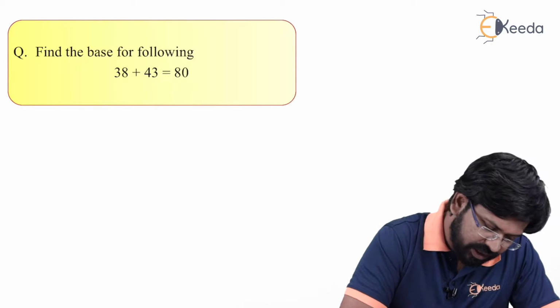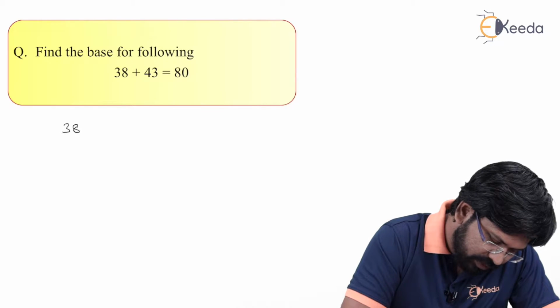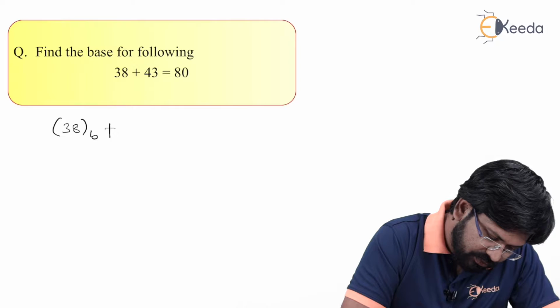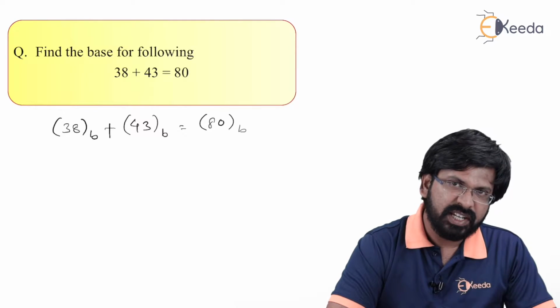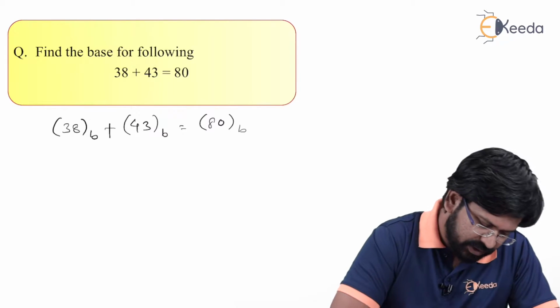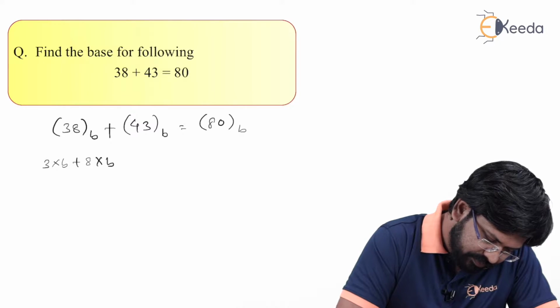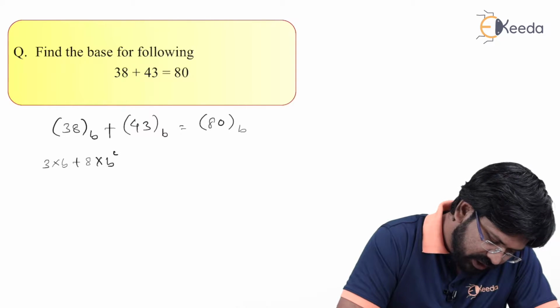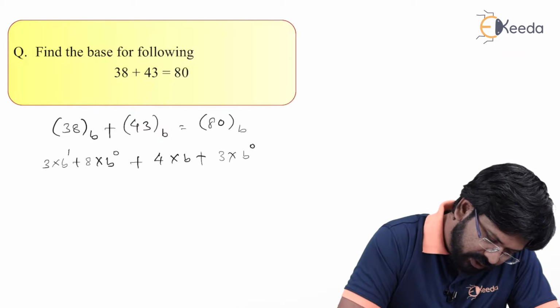In that case, I can write this as 38 to the base b plus 43 to the base b equal to 80 to the base b. Now convert everything into equivalent decimal. So I can rewrite this as 3 into b plus 8 into b, power would be 0 and 1, plus 4 into b plus 3 into b, again power would be 0 and 1.